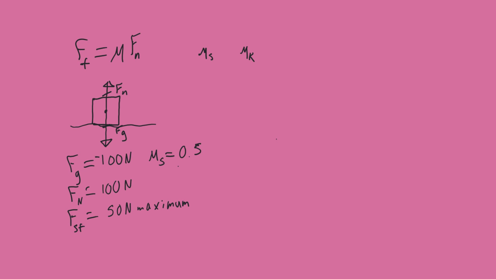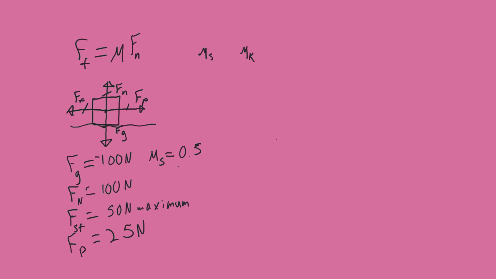So if I have a force of push that is 25 newtons, right? I have not exceeded the maximum force of static friction, which means that they are going to be equal to one another, right?